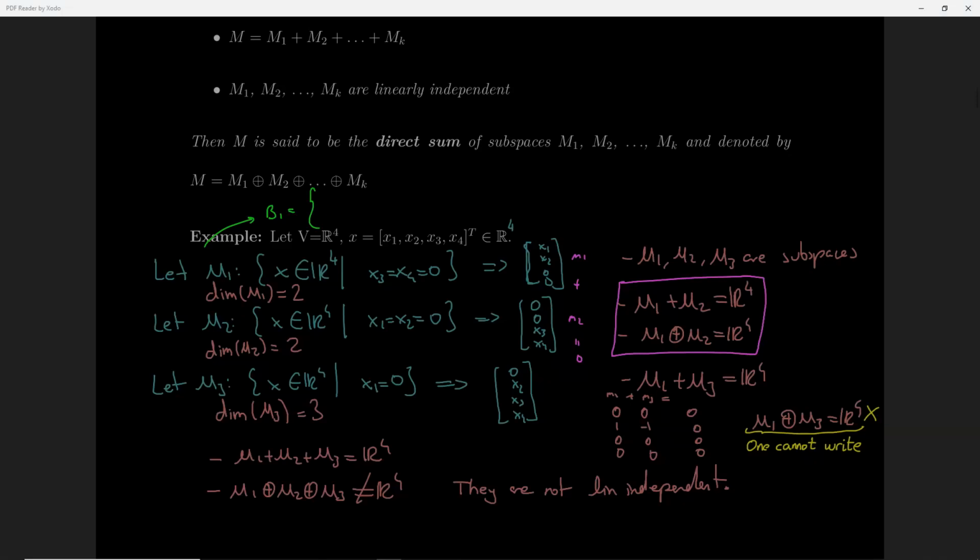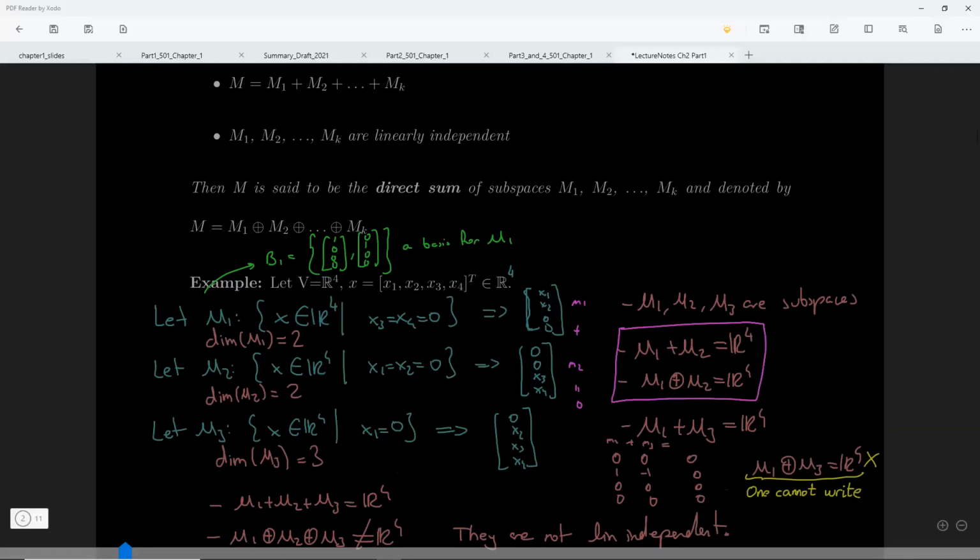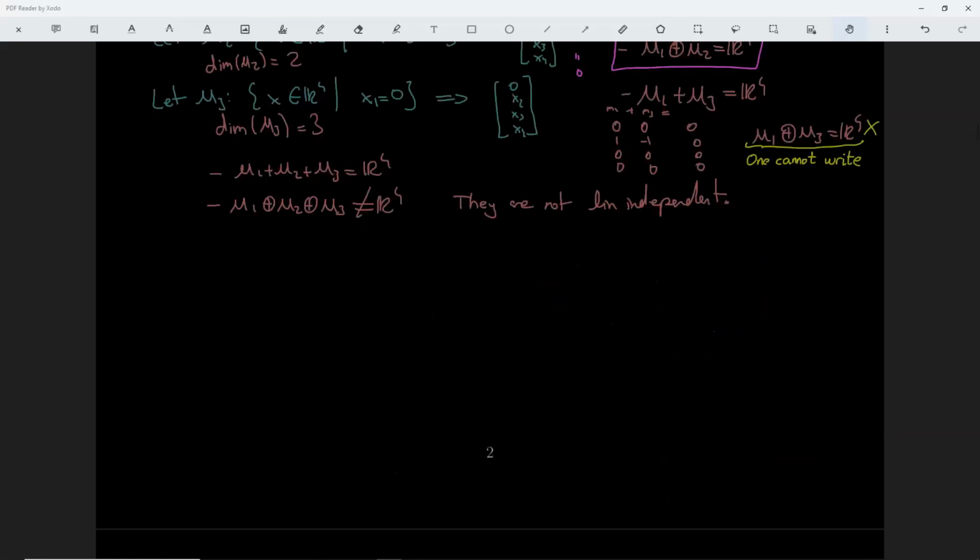Since its dimension equals 2, we need two vectors, right, in dimension 4. For example, this might be one basis set for that subspace, so that any vector in that subspace can be written as a linear combination of these two vectors. This is a basis for M1. You can write similar things for M2 and M3, etc.